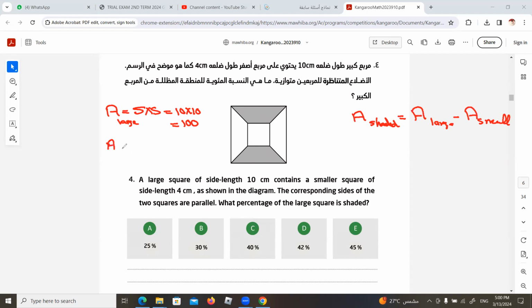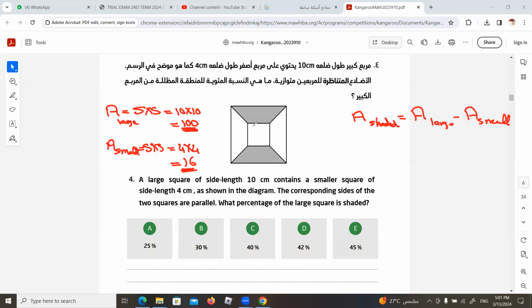We're going to the small area. For the small square, it will be side times side, 4 times 4, which is equal to 16. So now the big area is 100 and the small area is 16.